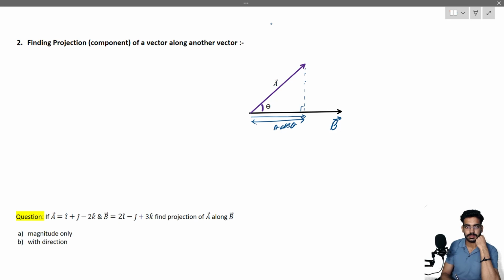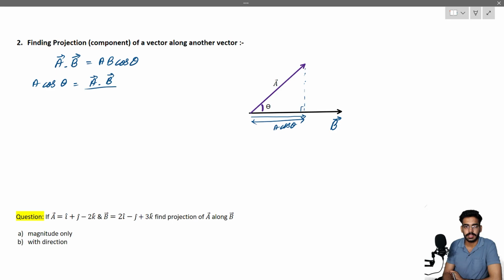So we are reading the application of the dot product. So a vector dot b vector, how to solve with the help of dot product. A vector dot b vector equals a b cos theta, and what I want to find out, a cos theta, right? A cos theta equals a vector dot b vector divided by magnitude of b, right?